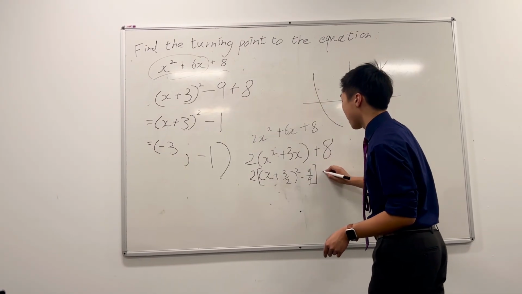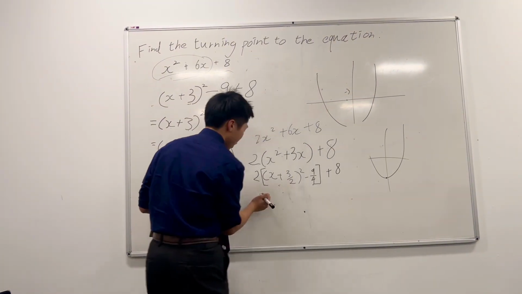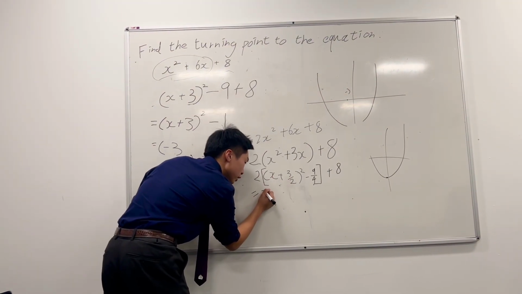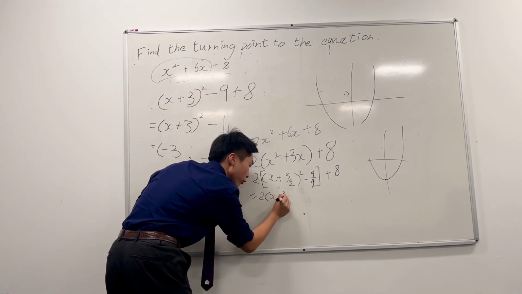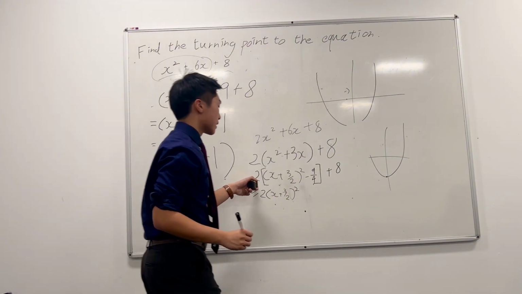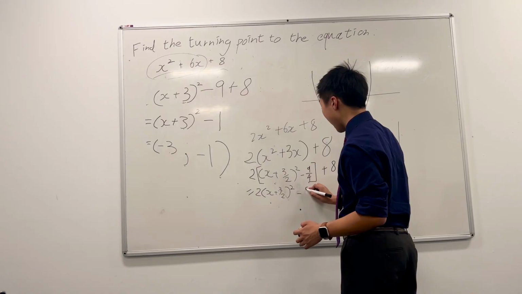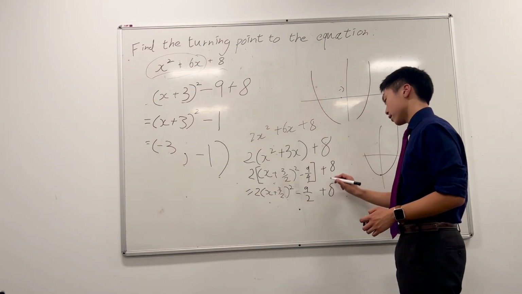Close your bracket, plus 8. So now just a bit more tidying up to do. So you times that back out by the 2. So what you will get is 2 times x plus 3 over 2 squared. And again, times that back by the 2. That would be minus 9 over 2 plus 8.